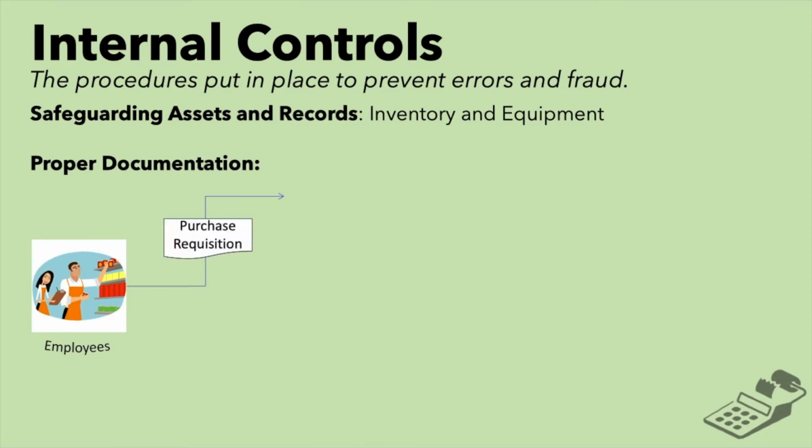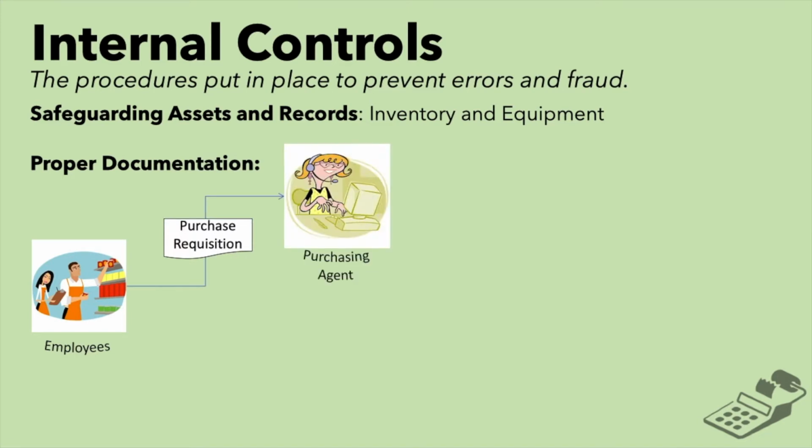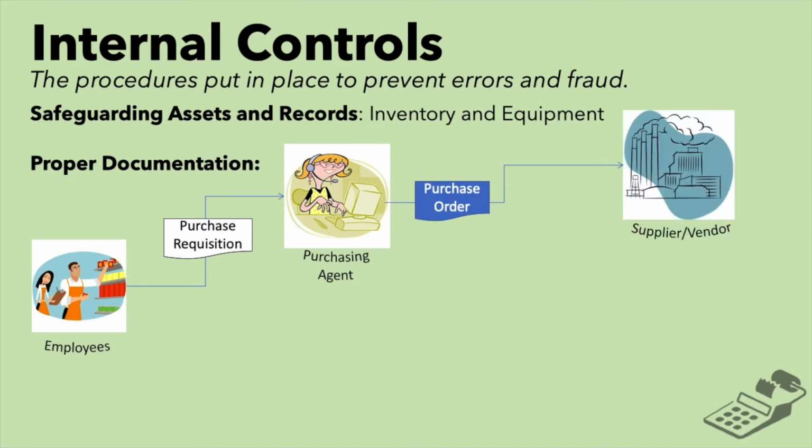The employees instead requisition that items be purchased by the purchasing agent or purchasing manager. This person is responsible for ordering all of the items for the store. The purchasing agent will send a purchase order to the vendor or supplier from which we purchase these items. And then hopefully the supplier will send the items to our store.